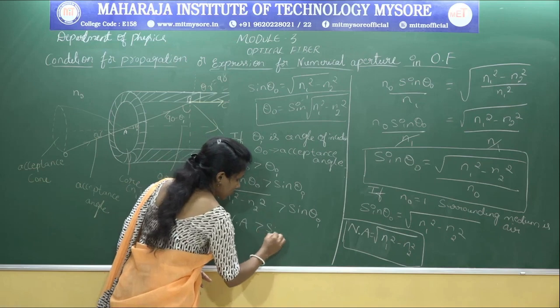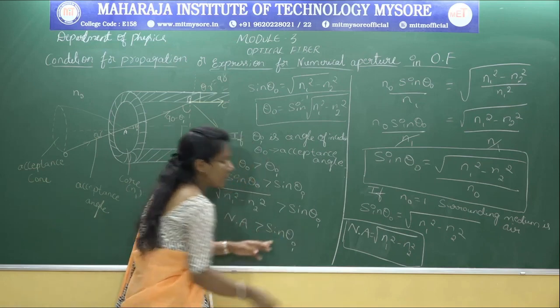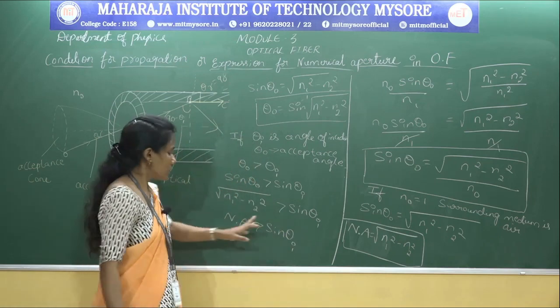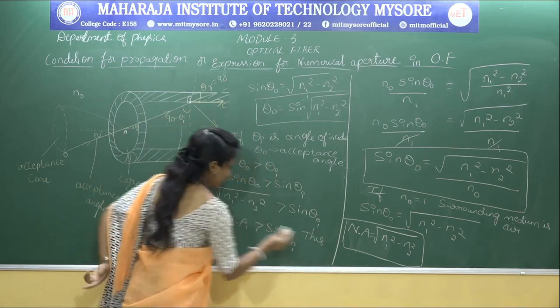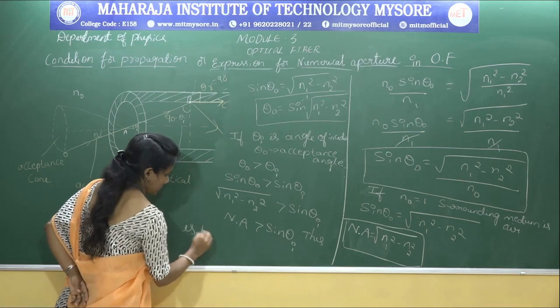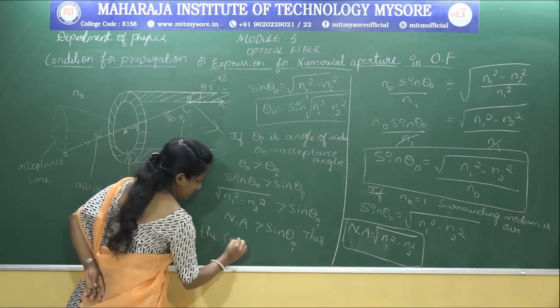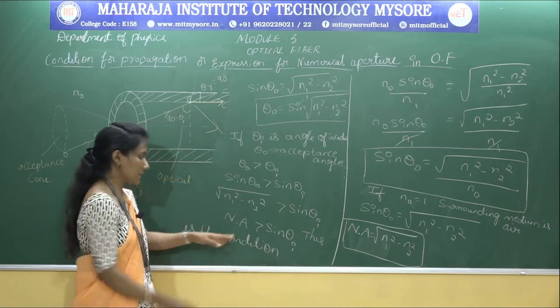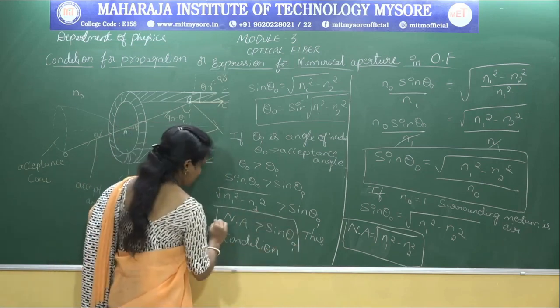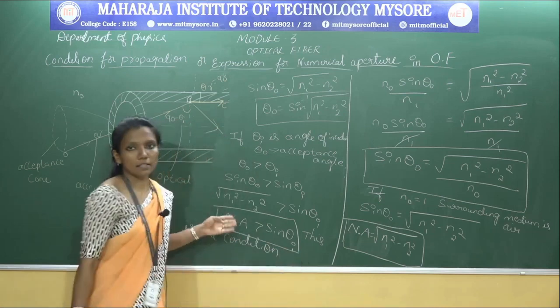So the numerical aperture is greater than the sine of the angle of incidence. So this is the condition for the propagation of light. This is the main condition for the propagation of light inside the optical fiber.